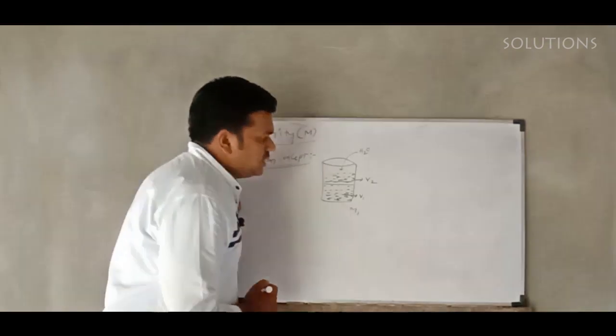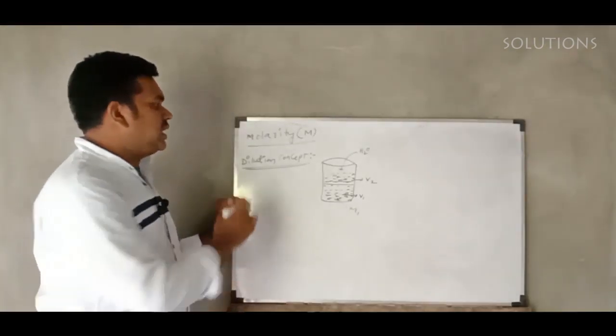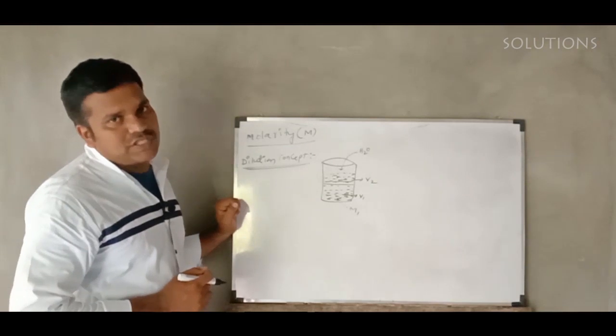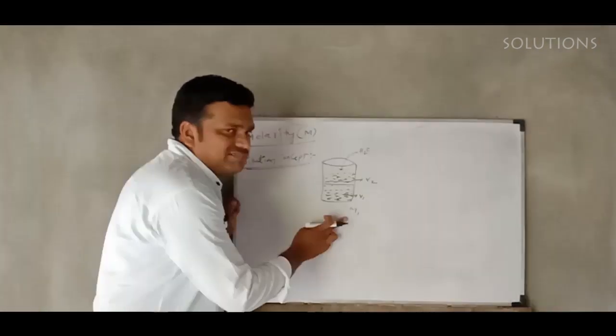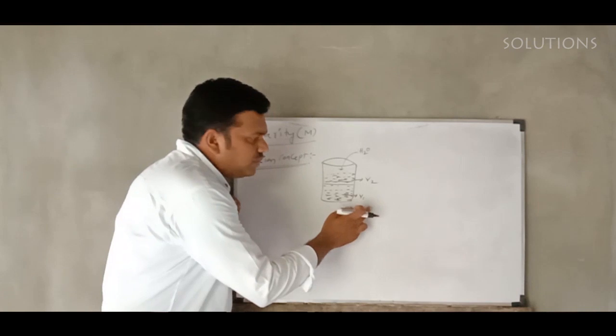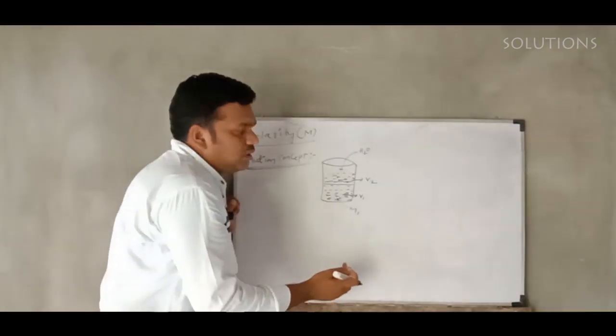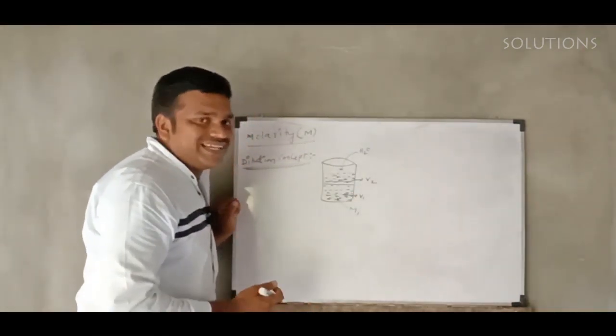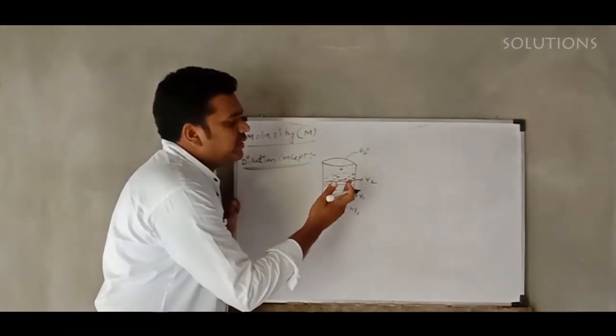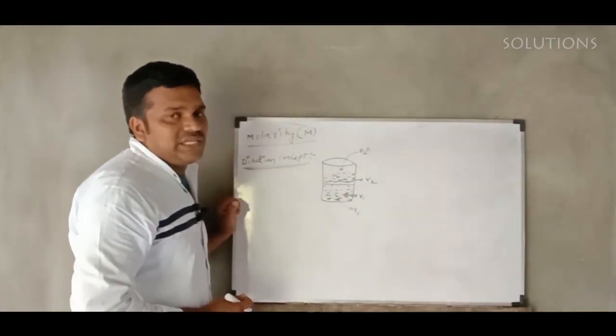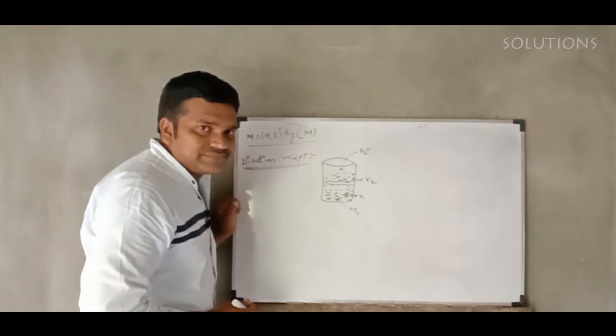So in this case we have to go through the dilution concept. The initial molarity is M1 and the volume is V1. Now when adding water, the volume increases. When the volume increases, is there any change in the molarity? Let us see.